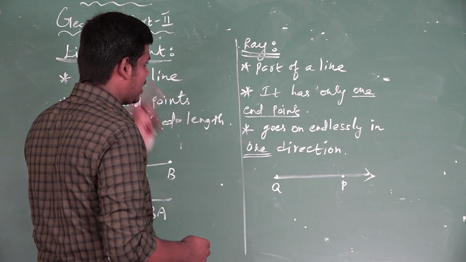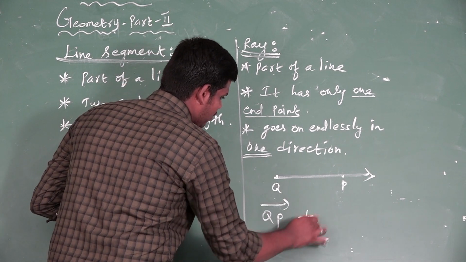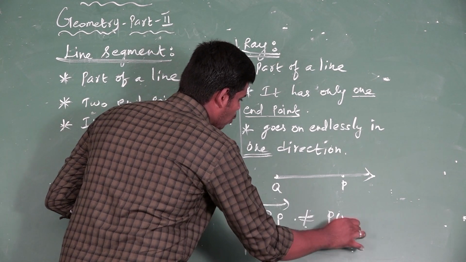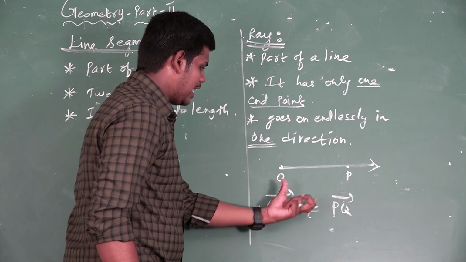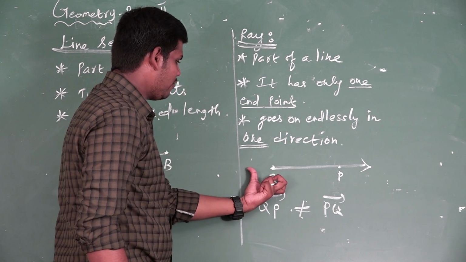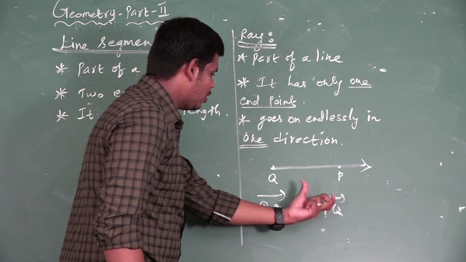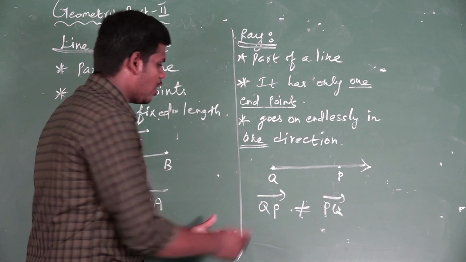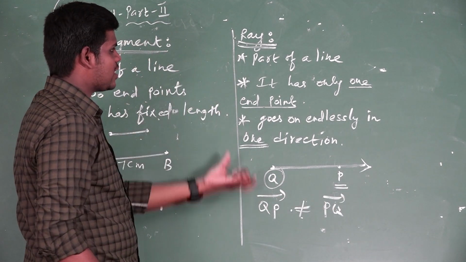How can we write the ray QP? Ray QP is not equal to PQ. Why? Because the ray is denoted with the first letter, the initial point Q, coming in front of the letter. So QP is not equal to PQ. The initial point must be written first, not the last point. This is the explanation about ray.